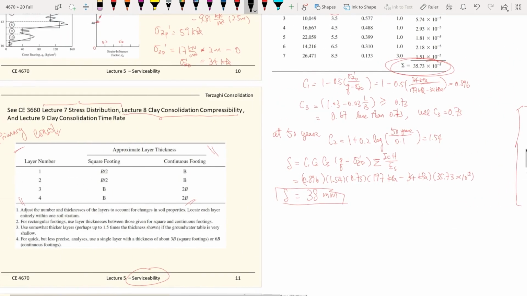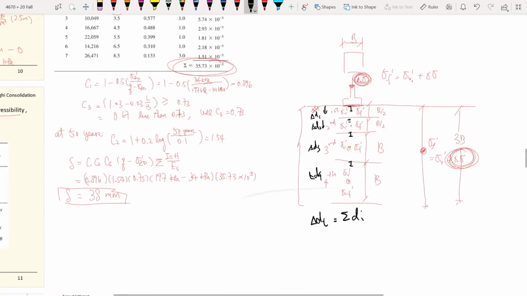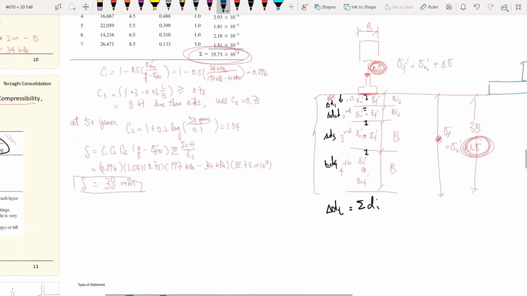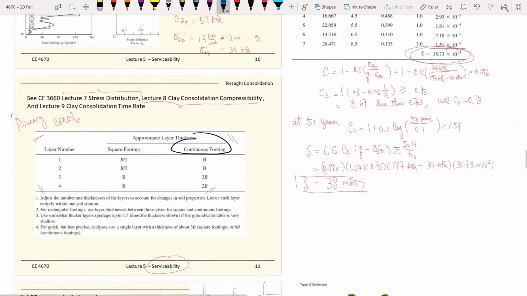And Terzaghi also has suggestions for continuous footings. So now when your foundation is long, in a way like that, then you will divide your layers, where we have 4 layers again, but you will look at a greater depth.